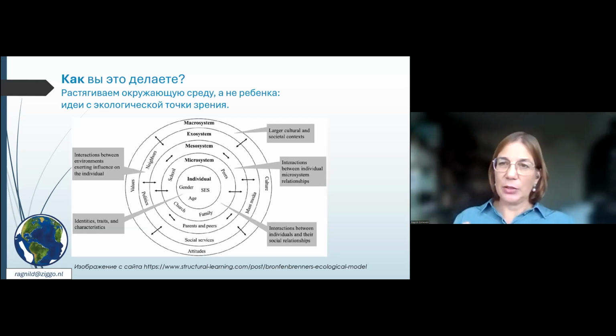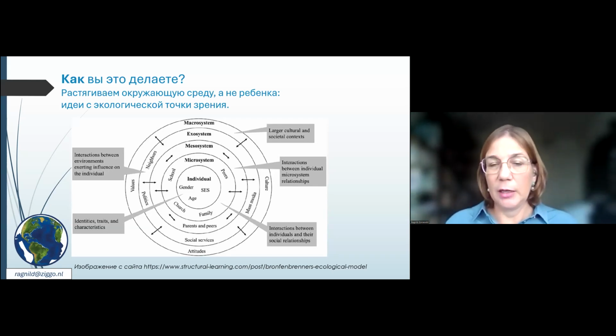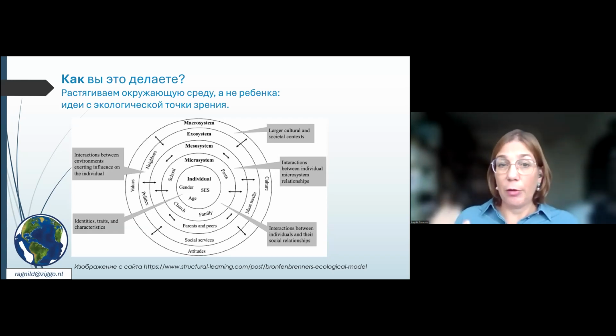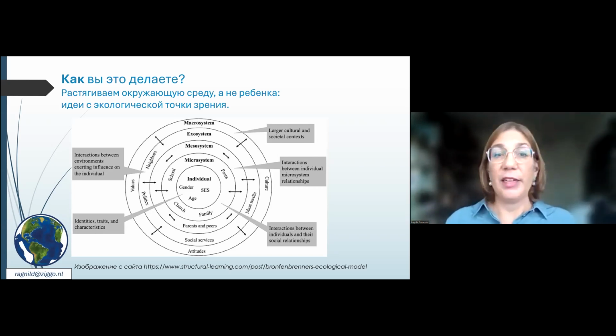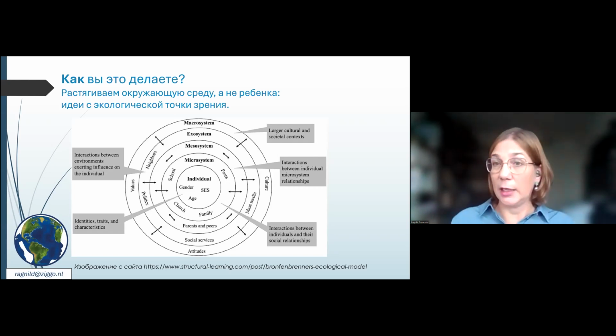Then we have the exosystem, that's a little bit further away from the individual, but still has influence. For example, as you can see, the social services that are available in the environment of the child, the neighbors, some local politics that can be influencing the possibilities of development.